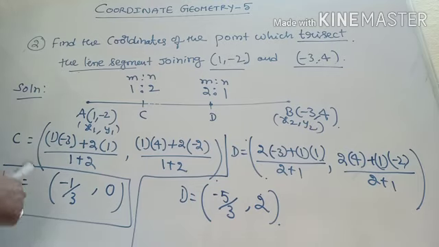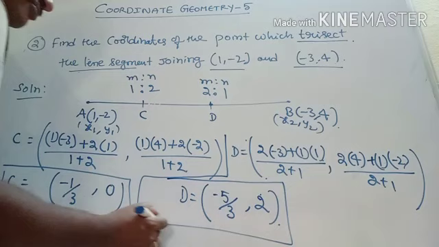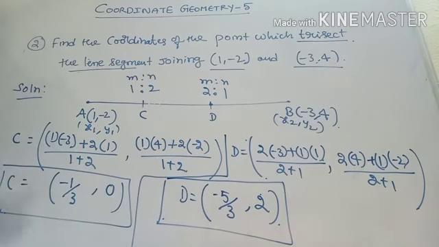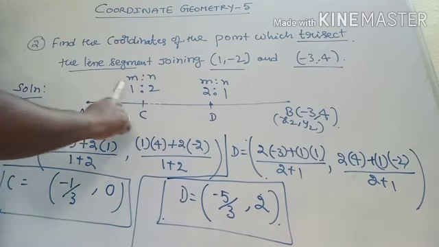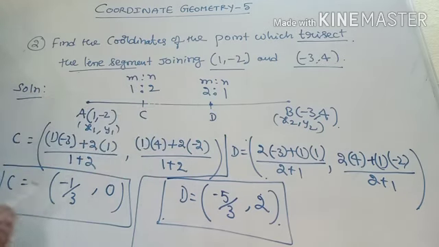Now we have got C and D. These are both points of trisection, the required points of trisection. So that's what we found: they divide the line segment joining A and B, C in the ratio 1:2 and D in the ratio 2:1.